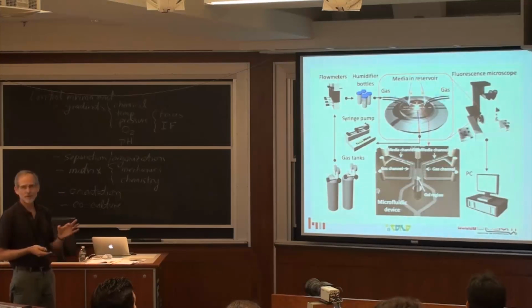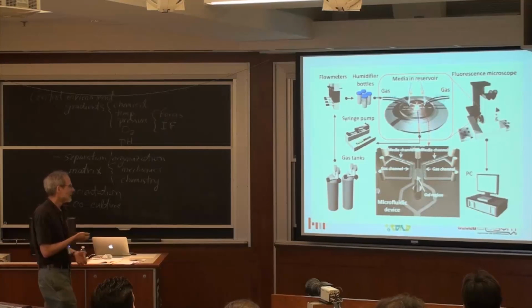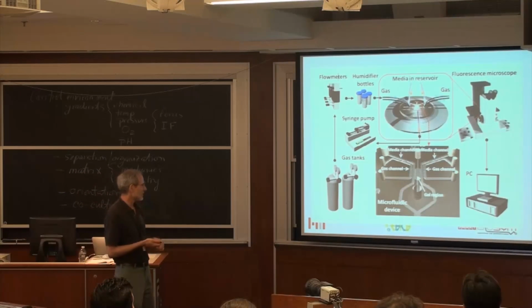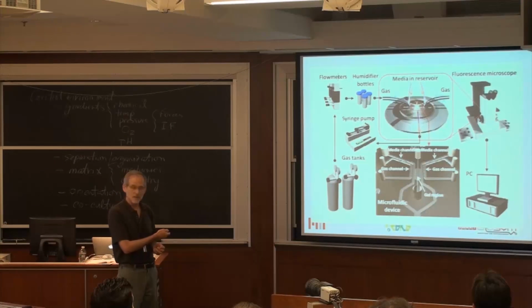Well, you can do the same sort of thing on a micro device. And the only difference here between the devices that you guys are using and the device that I'm showing here is the fact that we flow gas through channels that run parallel to the media channels. So you can imagine, for example, we might flow pure nitrogen through both channels to produce hypoxia.